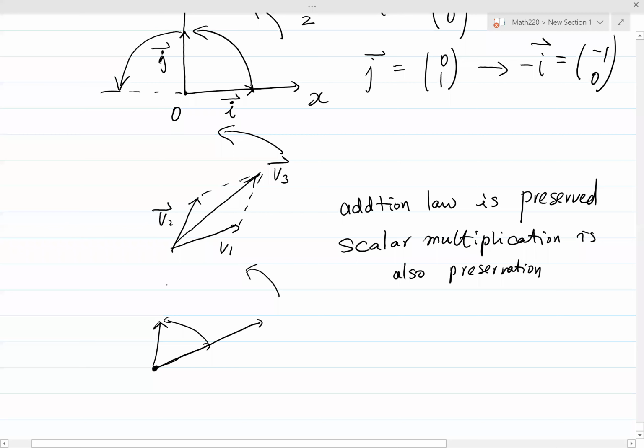So multiplication by a scalar is still preserved. The operation of multiplication by scalar is also respected by this operation. So you see, this operation preserves the vector space structure.